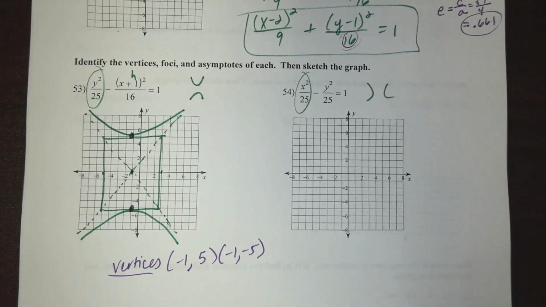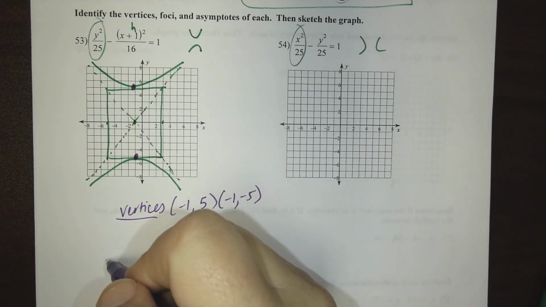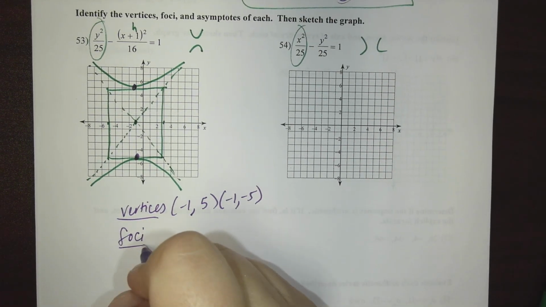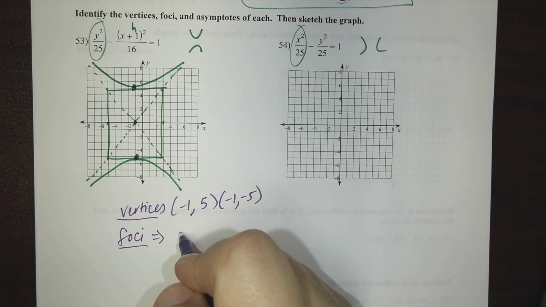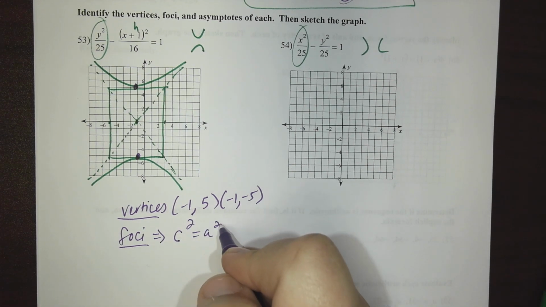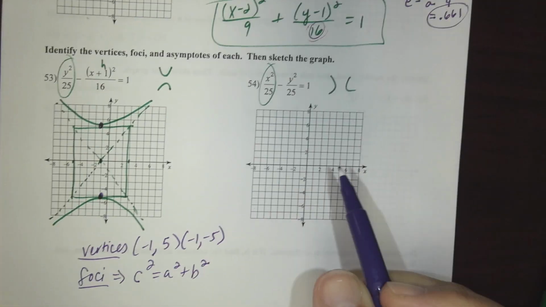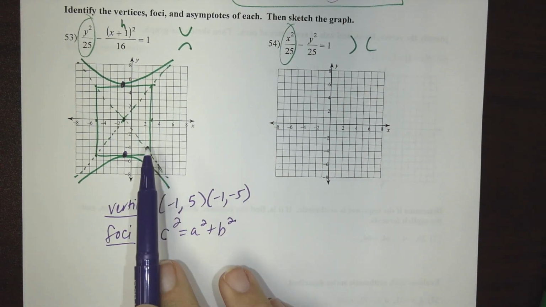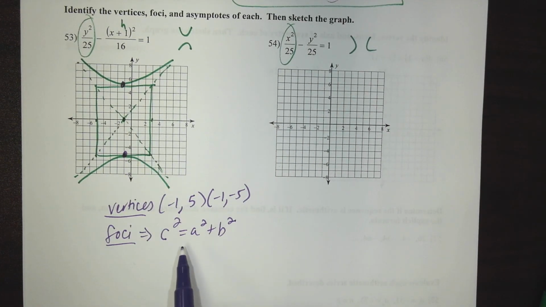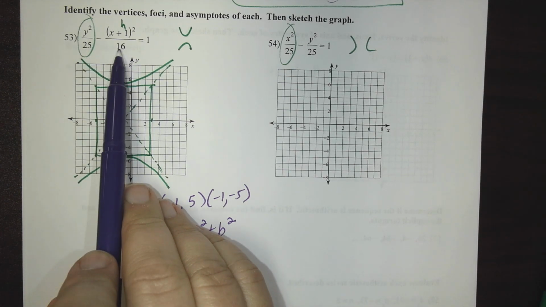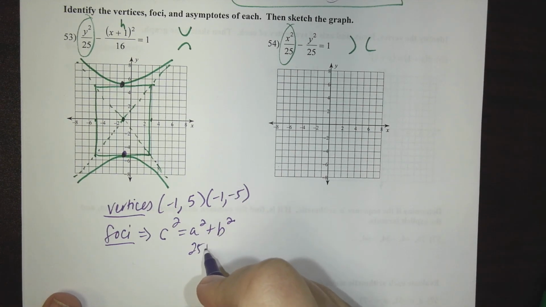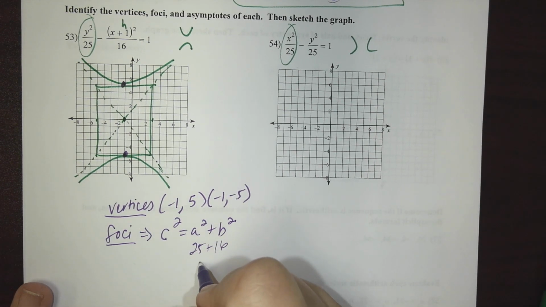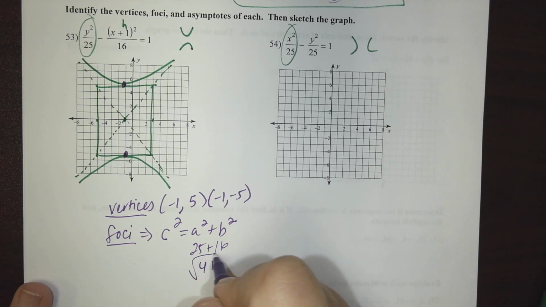The foci are found using the equation c squared equals a squared plus b squared. So different from the ellipse, the ellipse is minus. The foci for hyperbolas are plus. And a squared plus b squared, so it really doesn't matter. 25 plus 16, which is 41, and then you take a square root.